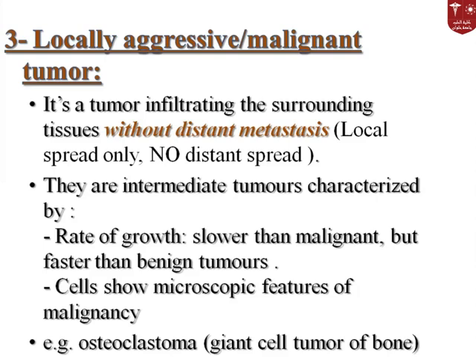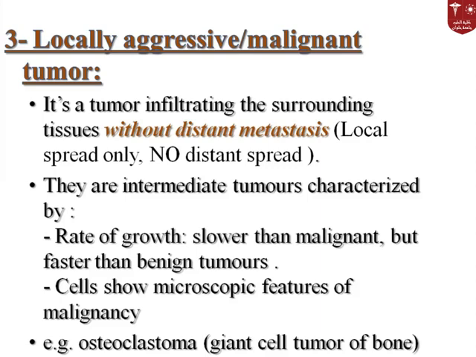And it grows by invasion of the surrounding tissue, and it is ill-defined. It's like malignant tumors. However, they do not send distant metastasis. They don't form distant spread away from the original tumor. They only invade the surrounding tissue. Okay? And the rate of growth is slower than malignant tumors. However, they are more rapid in rate of growth than benign tumors.